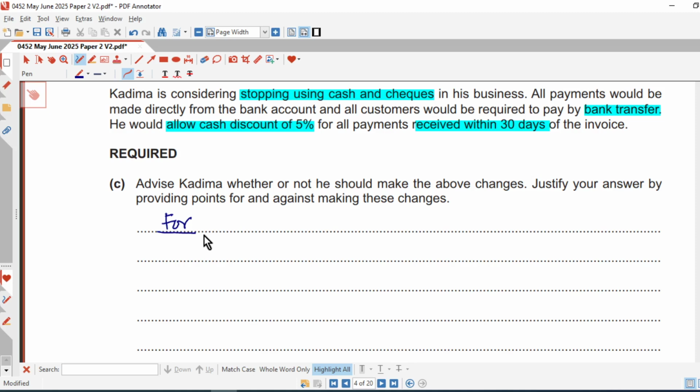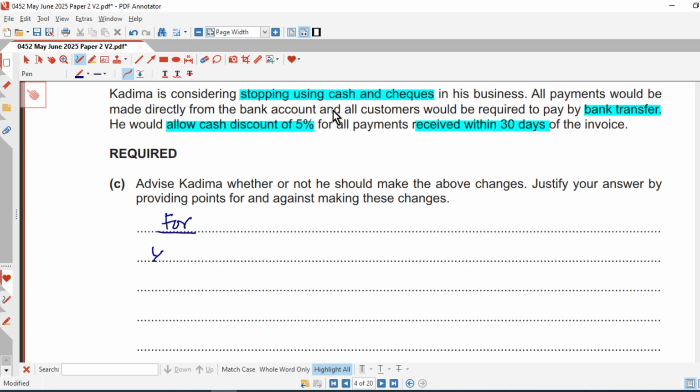When you deal with cash, there's always a risk that your cash may be stolen. It's very easy for people to commit a fraud using cash, right? I can receive a payment, but I just assume I did not receive it, so I don't knock off the payment, right? I don't make any adjustments to the receivables. I take the cash and I just fly away with it. So that's one of the good things here, right?